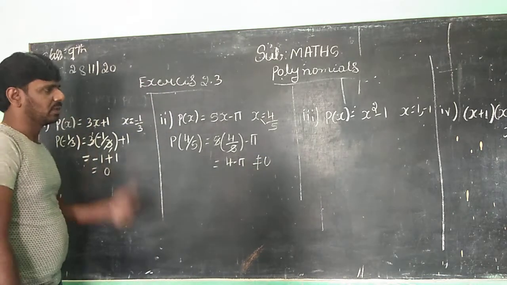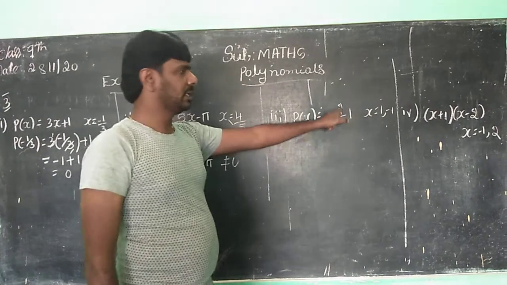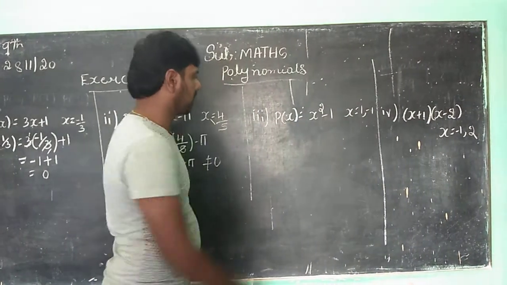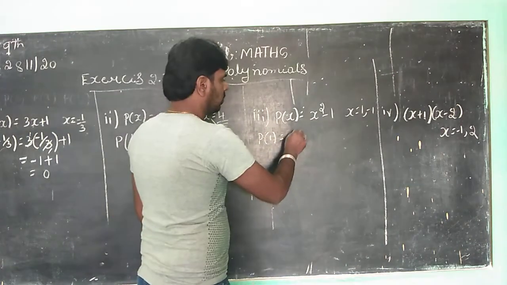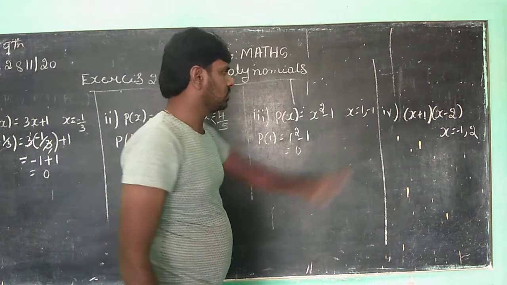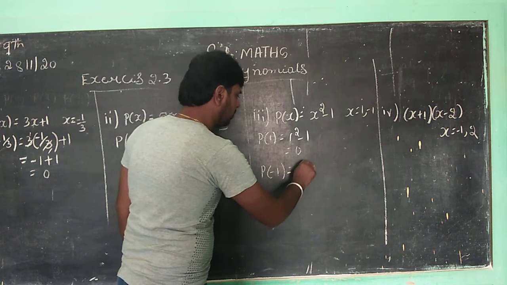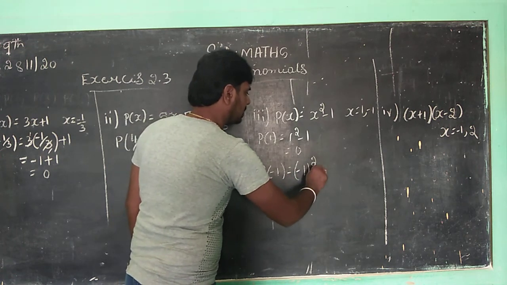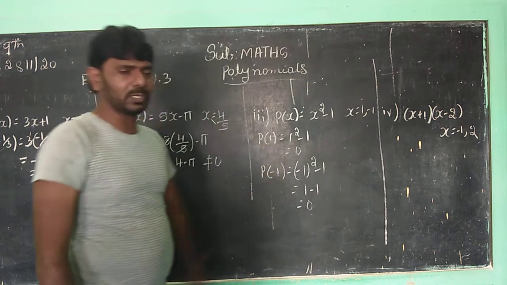Now we take p of x is equal to x square minus 1, with x as 1 comma minus 1. Right children? P of 1 is equal to 1 square minus 1, it is 0. Then also minus 1: x is equal to minus 1, so minus 1 square minus 1. Minus 1 square is 1, minus 1, this is 0. Yes, this is a zero of the polynomial.